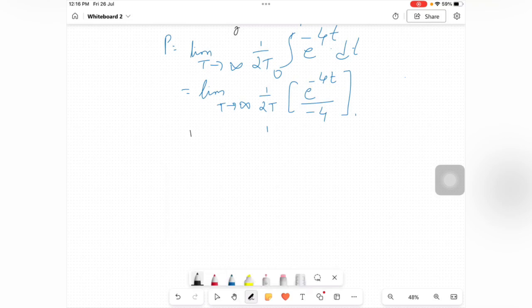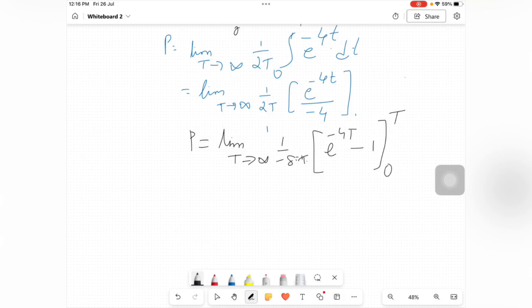So P is equal to the limit as t tends to infinity of 1 by minus 8t into e power minus 4t minus 1, with 0 and t as the limits.